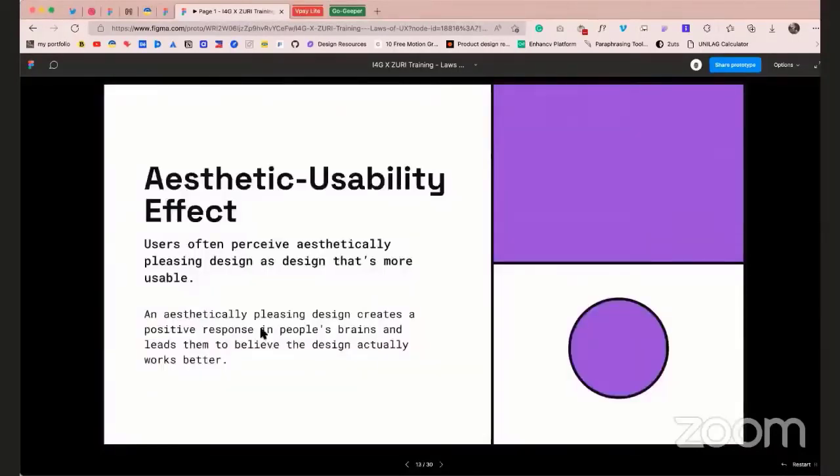Another law is the aesthetic usability effect. Users often perceive aesthetically pleasing designs as designs that are more usable. As humans, we actually judge a book by its cover. Let's not lie. If I go into a store and I see a purple thing, I will pick it because purple is my favorite color and it is aesthetically pleasing to me.